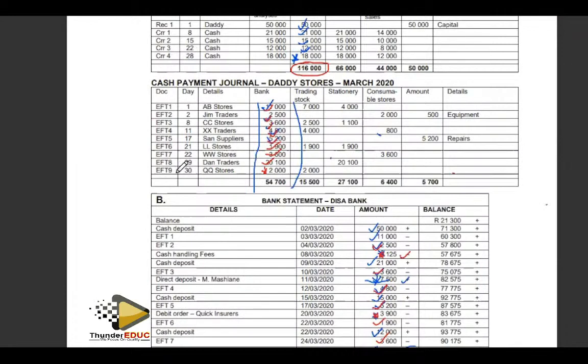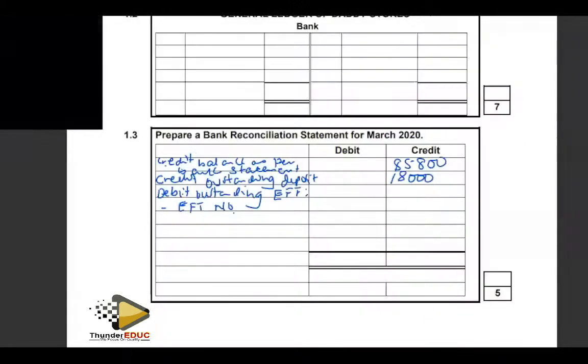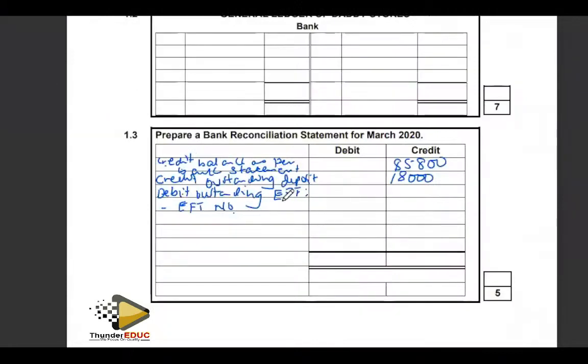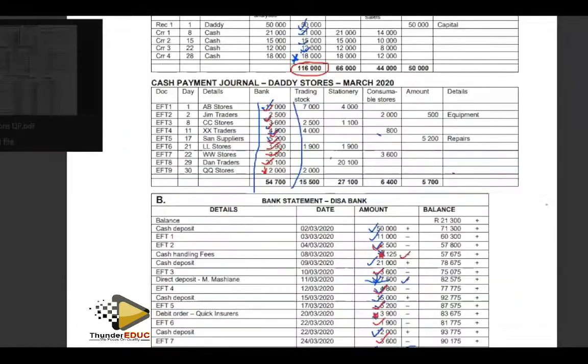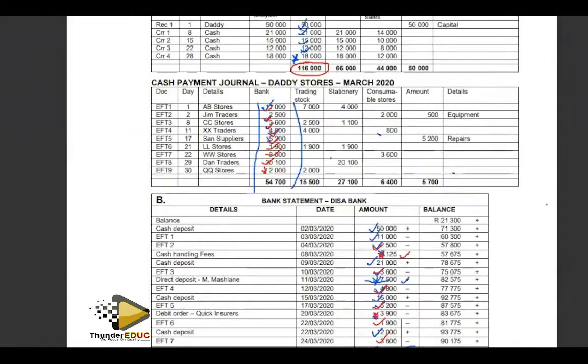Sorry, EFT number 9, EFT 9, yeah. This is EFT number 9. How much was it for? This was for, let me check. It was for 2,000 Rand, okay? So it was for 2,000 Rand.